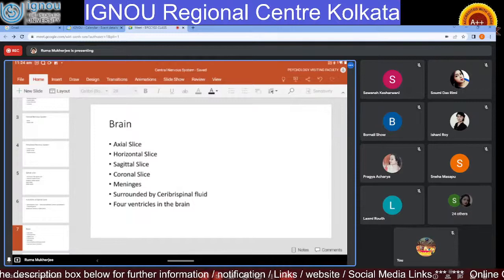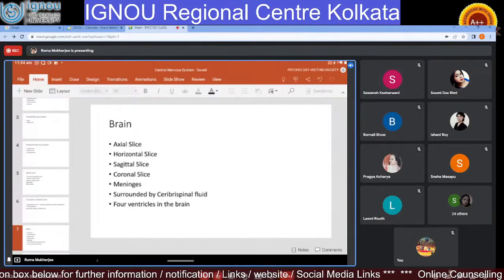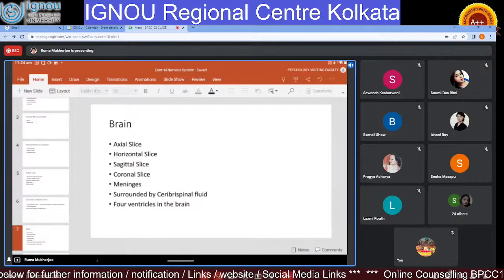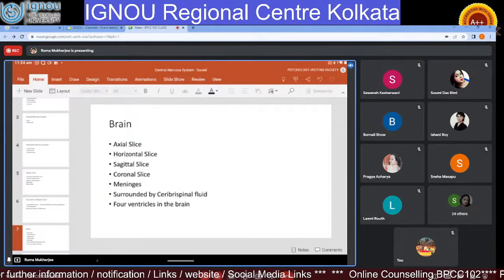Before I start with all the structures, I will start with some slice views of the brain.